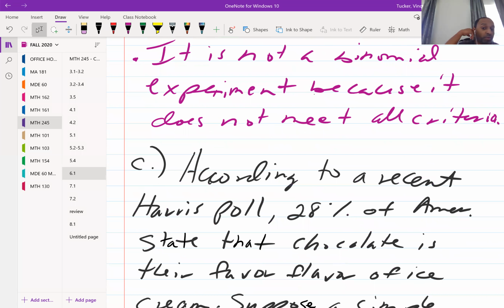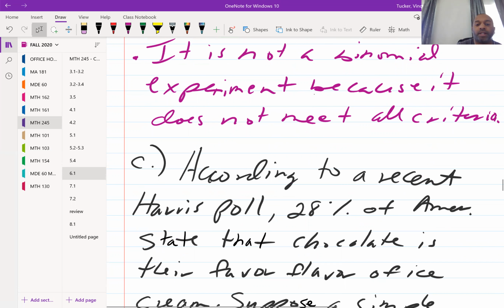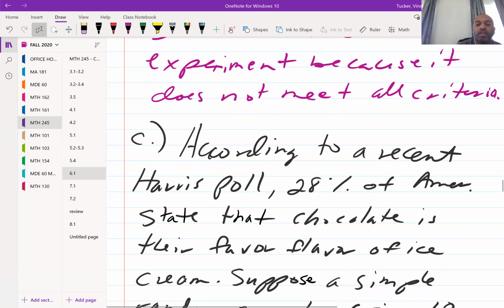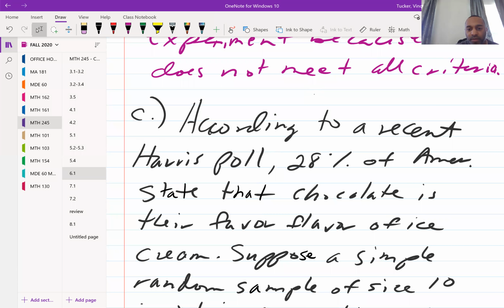It says according to a recent Harris poll, 28% of Americans state that chocolate is their favorite flavor. Oh, that's a good way of saying that, huh? Favorite.